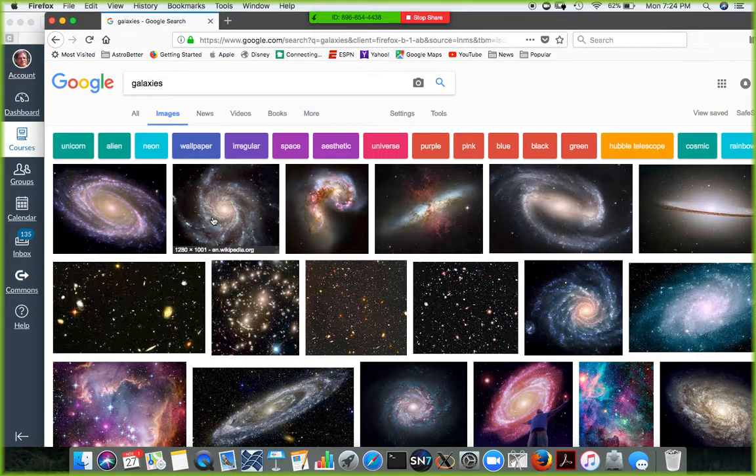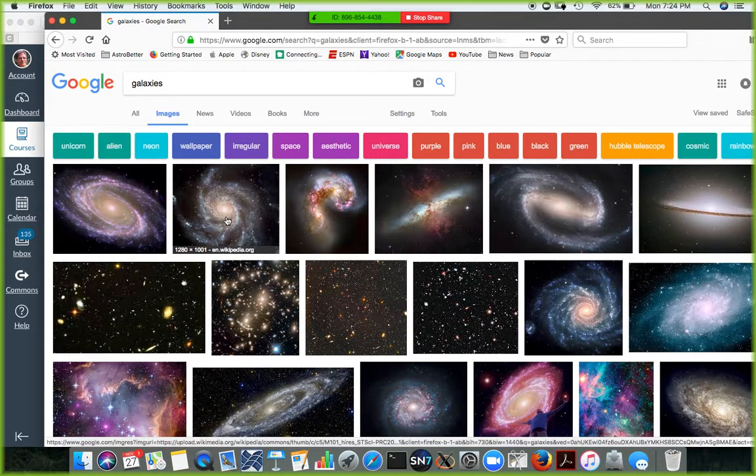So let me introduce you to a spiral galaxy. A spiral galaxy is one that has a central, kind of homogeneous and smooth bulge with stars, as we will learn, and out of this bulge come spiral lanes, as you can see here and there.